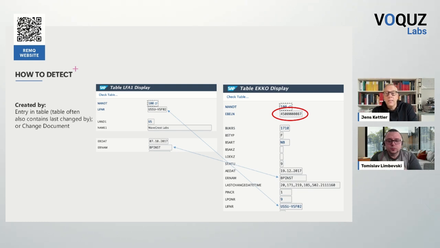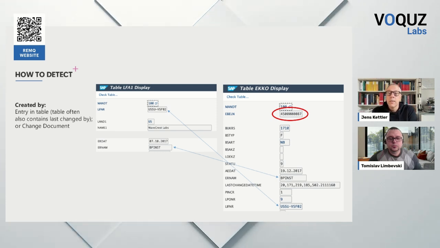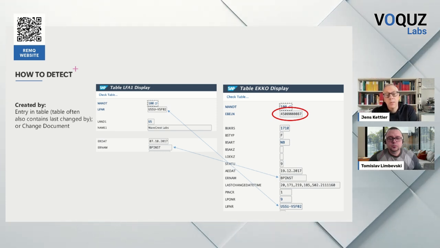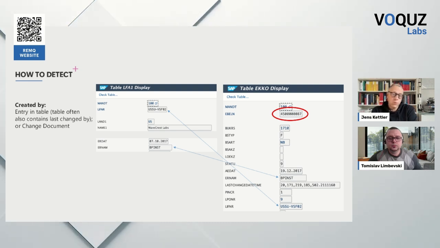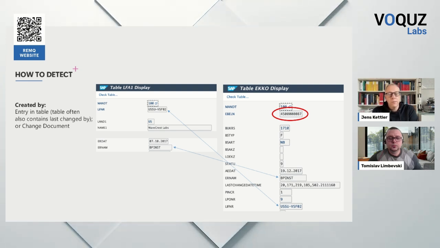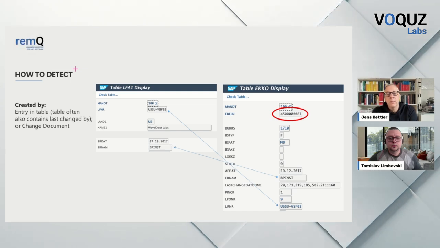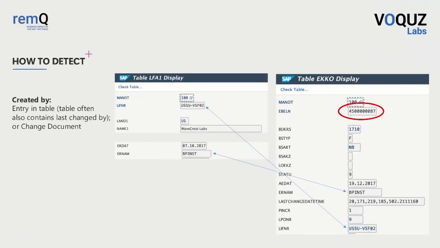The vendor information in the LFA1 table contains the vendor number, and it contains the username who entered that. And the table about the purchase order contains, of course, the purchase order number. That's the red circle, and that's what you want to look at. In the end, if you investigate the case, it also contains the information about the user who created the purchase order, and it also contains the vendor number.